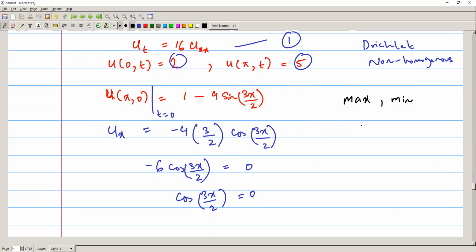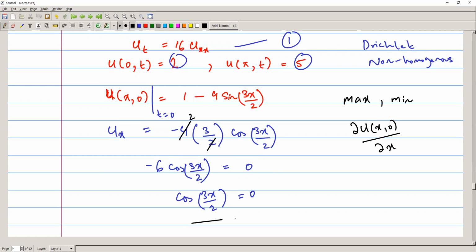So we will differentiate u(x, 0) with respect to x, and we will get -4 times 3 over 2 times cosine 3x over 2, right? So we'll simplify this. This will be cancelled, and -2 times 3 is -6 times cosine 3x over 2 equals 0, right?